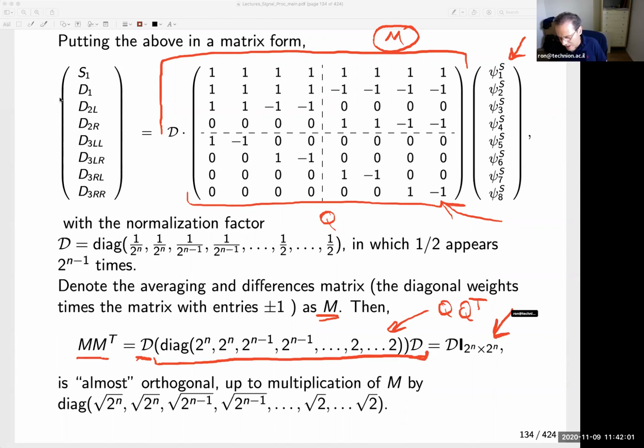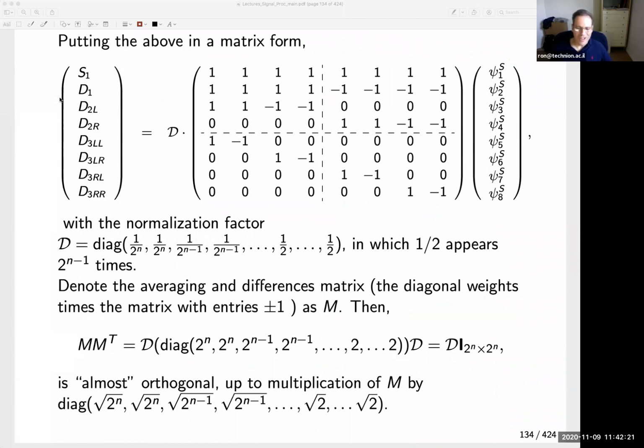And because this part is the identity, what I end up with is an M which is not unitary. So we say that M is almost orthonormal up to multiplication of M by this D factor. And what can we say about it? Not much.